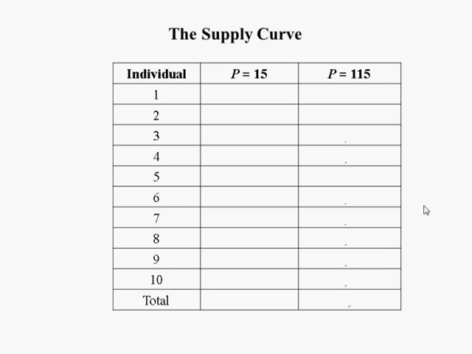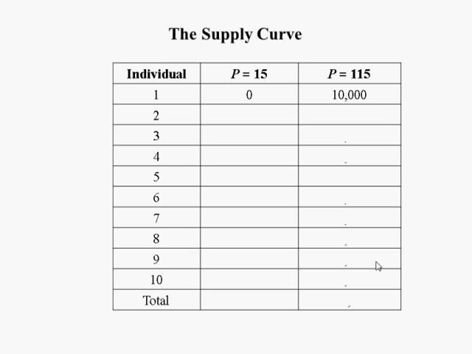Suppose the unit cost of pumping that oil out of the ground is $50. The unit profit would be 15 minus $50, which would be a negative 35. Nobody in Mississippi owning an oil well is going to turn on that oil well when the unit profit is negative. So individual 1 does not turn on the well.